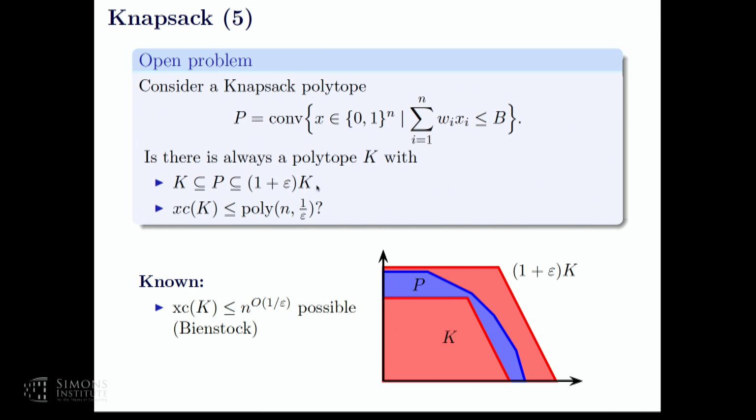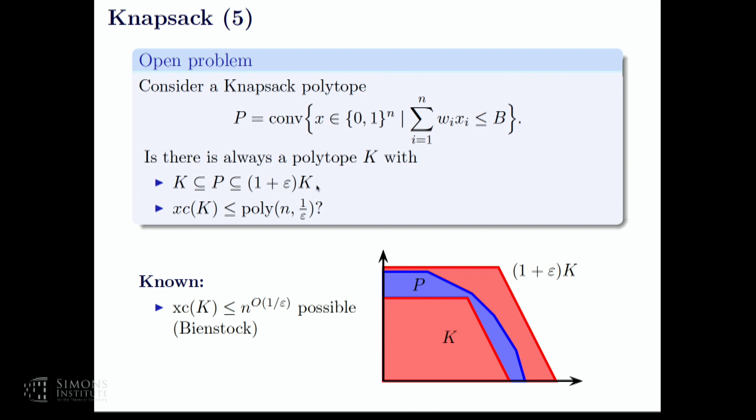What Bienstock shows is that you can get a kind of PTAS approximation using a linear program. I'm sure we'll see the Sherali-Adams hierarchy later in this workshop, and you could basically use Sherali-Adams to get this type of result. But this does not give you an FPTAS type approximation.